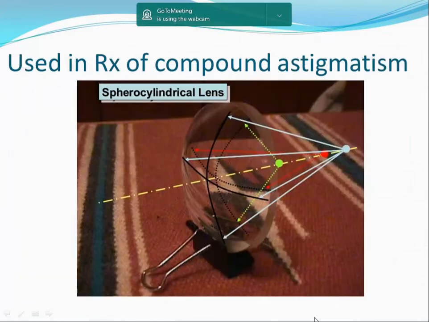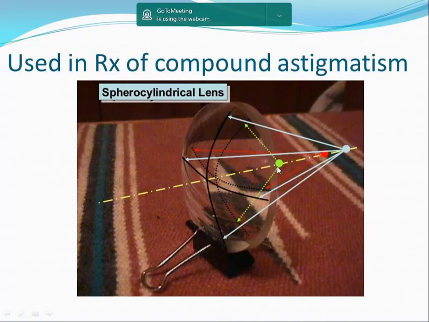Then we have one more entity called compound astigmatism. All of you must know what simple astigmatism is and what compound astigmatism is. In simple astigmatism, one of the meridians makes a point focus on the retina, the other makes it in front of the retina.